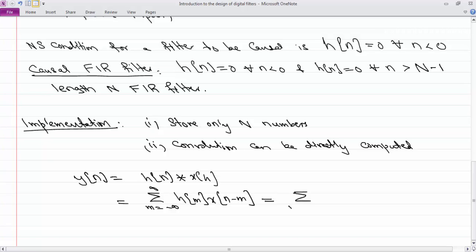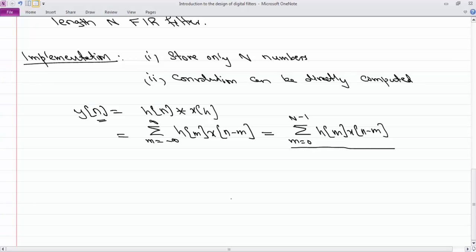So I can write this as the sum for m from 0 to N minus 1, h[m] x[n minus m]. So this is a finite sum. For every value of n, you can generate this by doing simply N multiplications and N minus 1 additions. So implementing an FIR filter in digital systems is pretty easy.